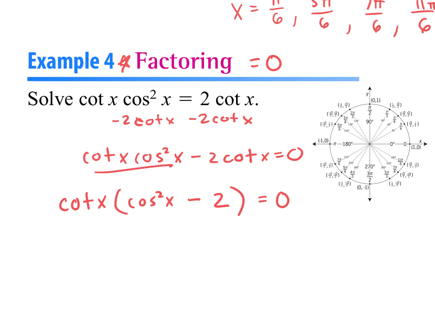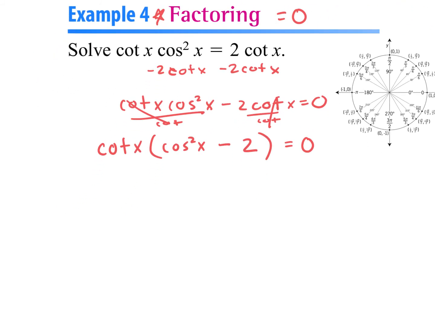Because I divided a cotangent here and divided cotangent here to take it out. So now from here, I can set each one of these equal to 0. So I have cotangent of x is equal to 0, and cosine squared of x minus 2 is equal to 0.